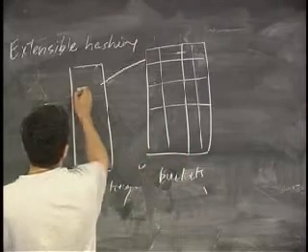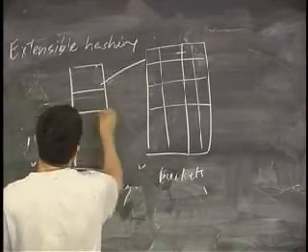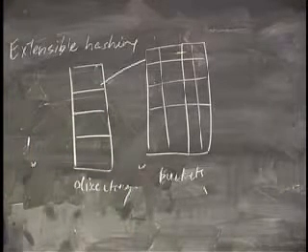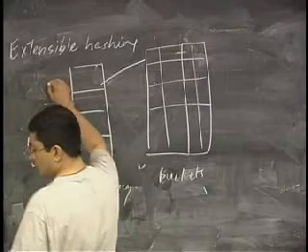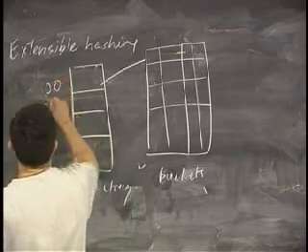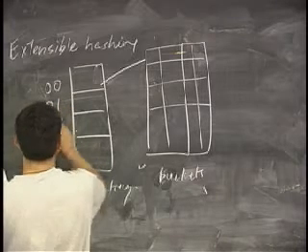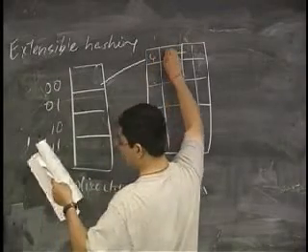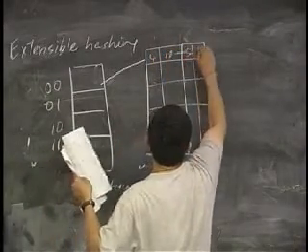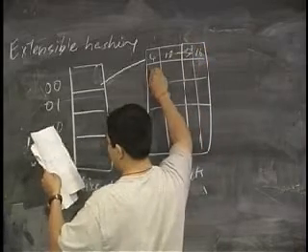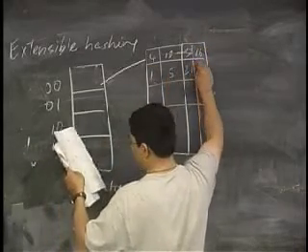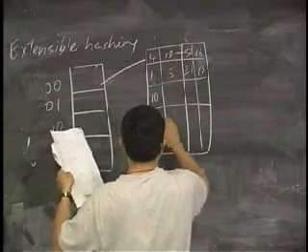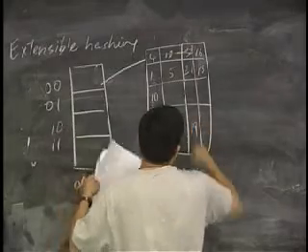So this is 0, 0; 0, 1; 1, 0; 1, 1. And this has 4, 12, 32, 16, 1, 5, 21, 13, 10, 15, 7, 19.